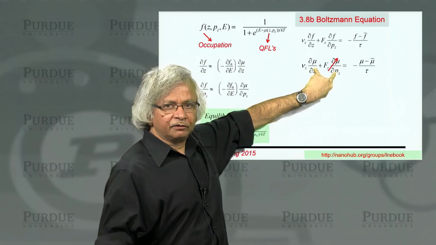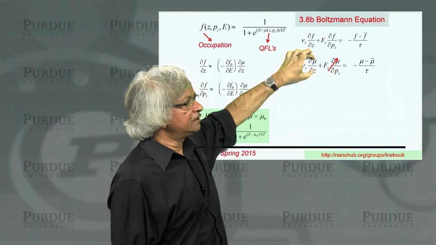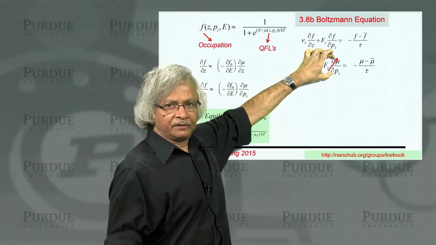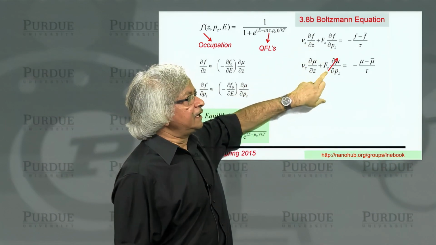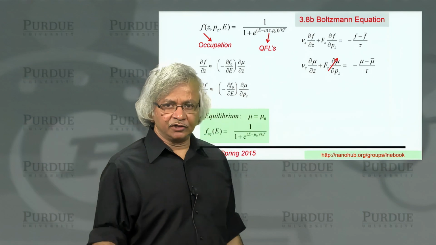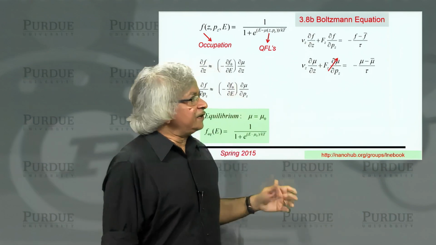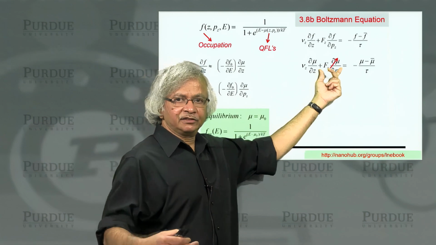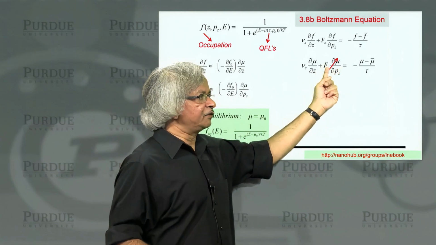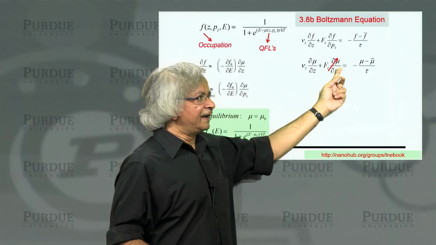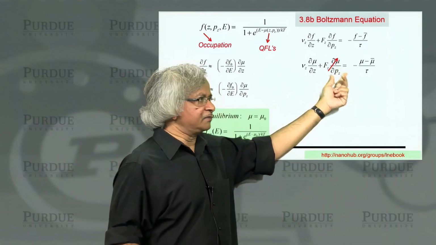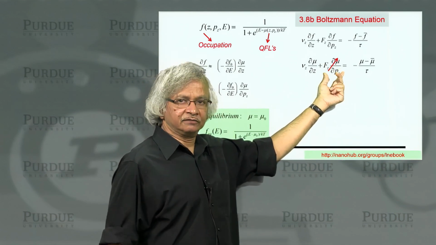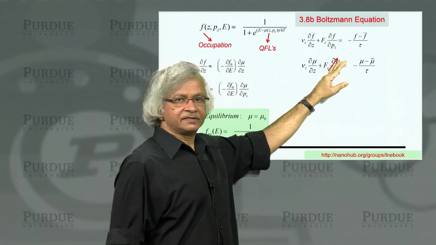And when you go out of equilibrium, these things are like first order. But if the electric field is also 0 at equilibrium, then this term is kind of second order. That is, when you apply a voltage, you are applying an electric field, so you get a first order term there, and that's also another first order term, so the total thing is like a second order term. And so you can drop this.